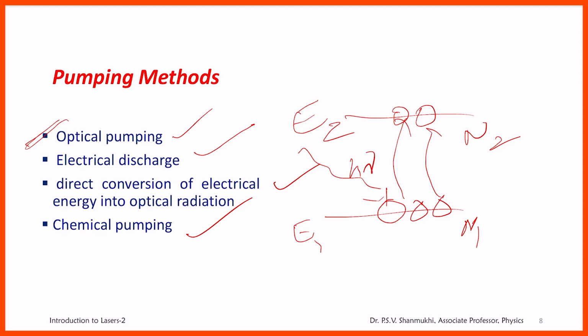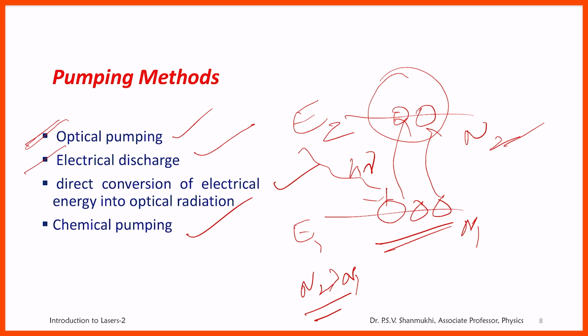Continuously these atoms are absorbing energy and going to the excited state, so after some time you can observe N2 will be greater than N1. In this process we are supplying photon energy, or light energy. This process is called the optical pumping method.